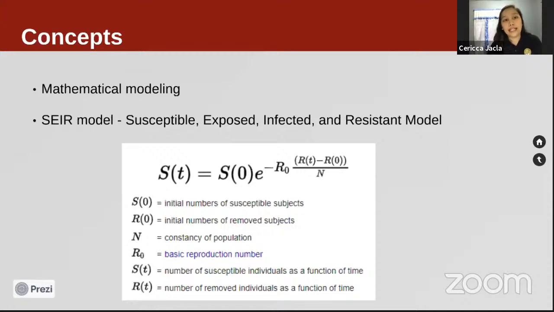So the SEIR model is what our researchers used to refer to their developed model. The SEIR model stands for susceptible, exposed, infected, and resistant model. And as you can see here, this is the SEIR model.